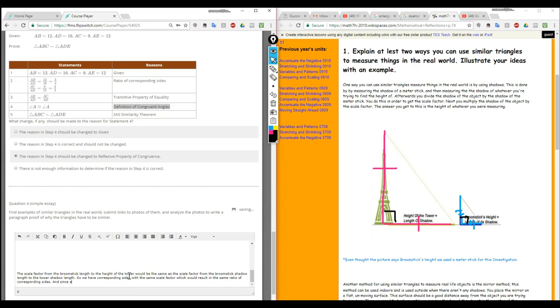And since all right angles are congruent to each other, we would have side angle side similarity theorem for congruent similar triangles.